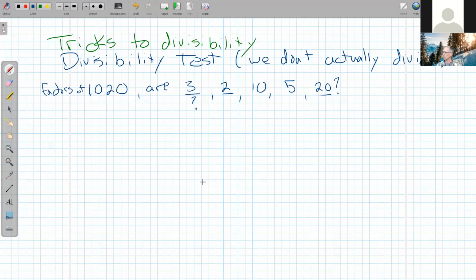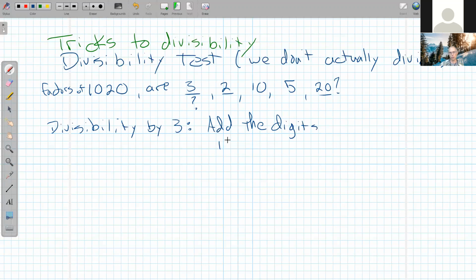The sum, Amanda writes. Yeah, so you can tell a number is divisible by 3. So here's the trick for 3. If you haven't seen it before, divisibility by 3: add the digits. So for example, here I would take 1 plus 0 plus 2 plus 0.